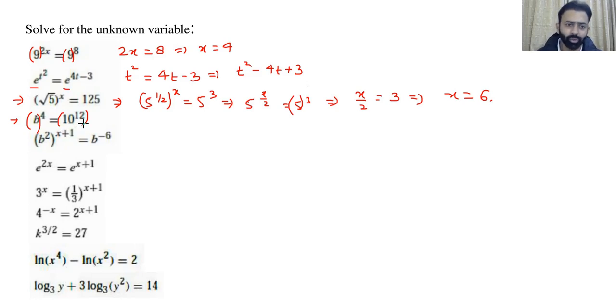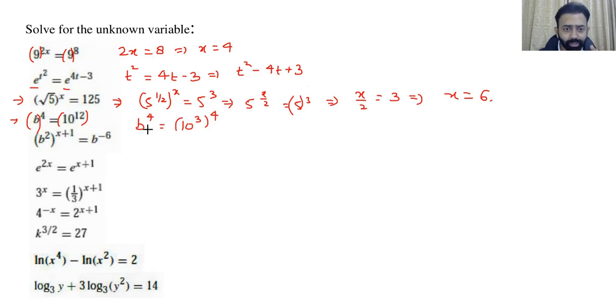So what we can do is, since 12 is a multiple of 4, like we did in the previous one, the exponents get multiplied. So I have to write this as an exponent of some exponent so that they get multiplied. Meaning the left hand side is b raised to power 4. This is equal to, if I write this as 10 raised to power 3 and raised to power 4, right?